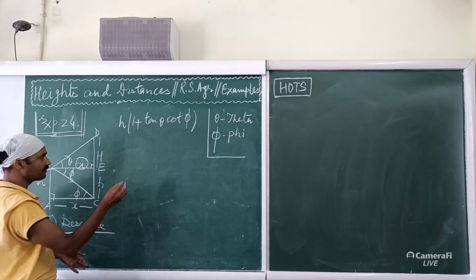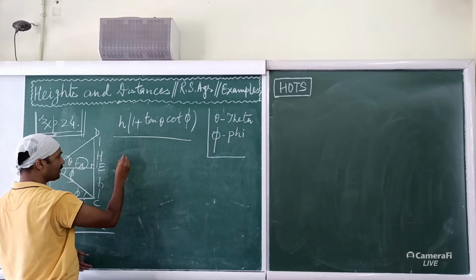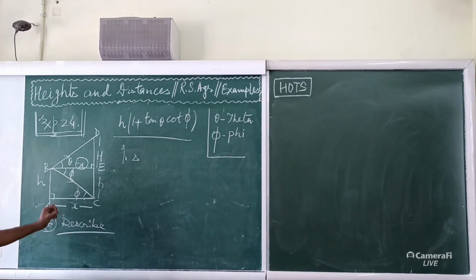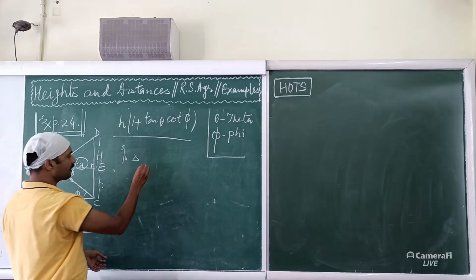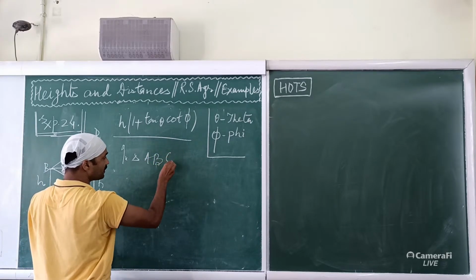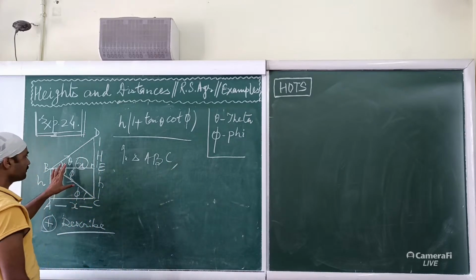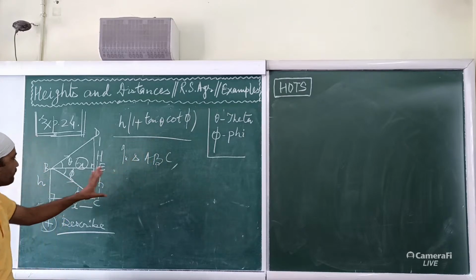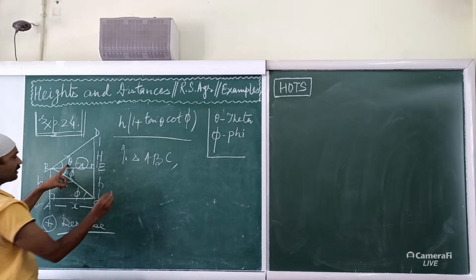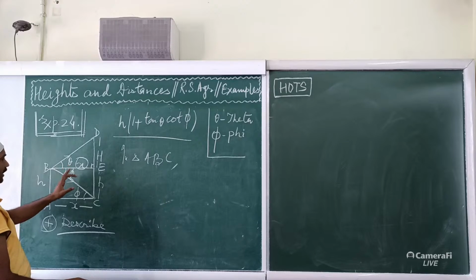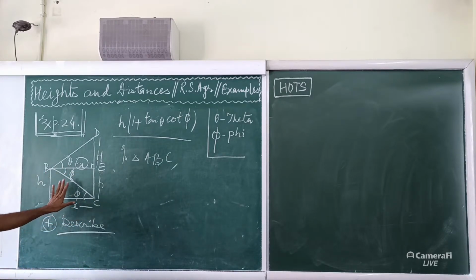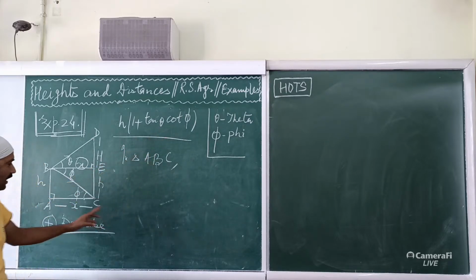After the description, in triangle ABC, we have to get tan theta and cot phi. In this triangle ABC we will get cot phi.